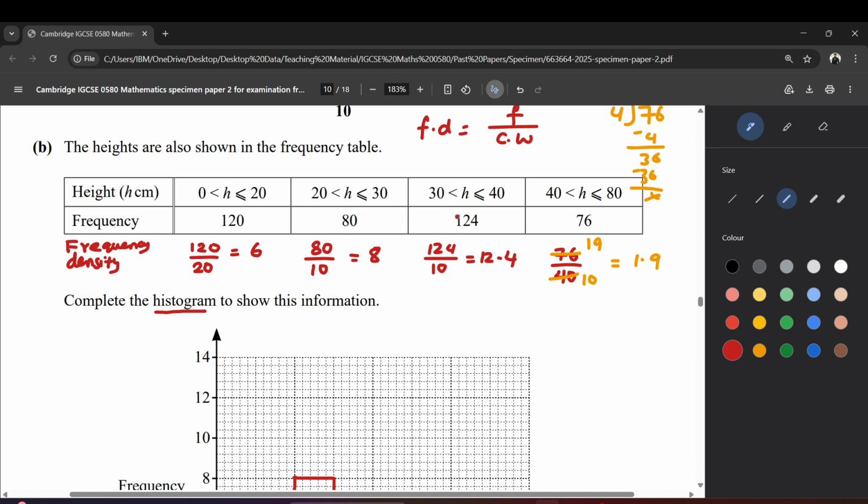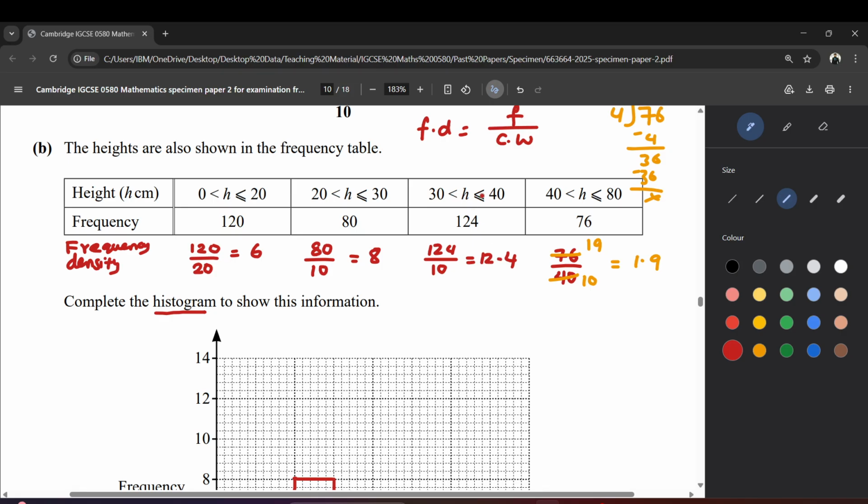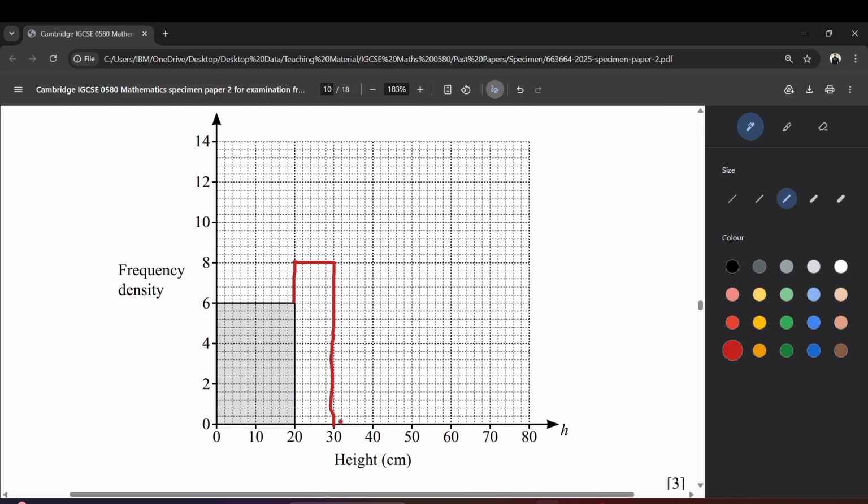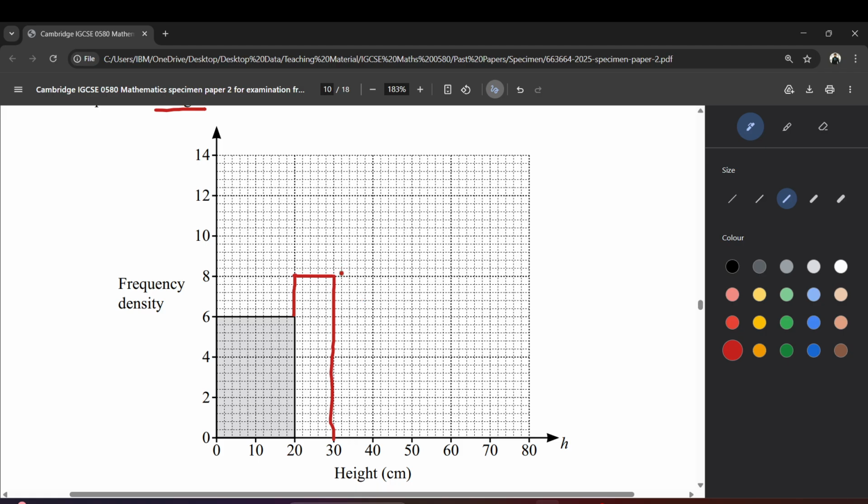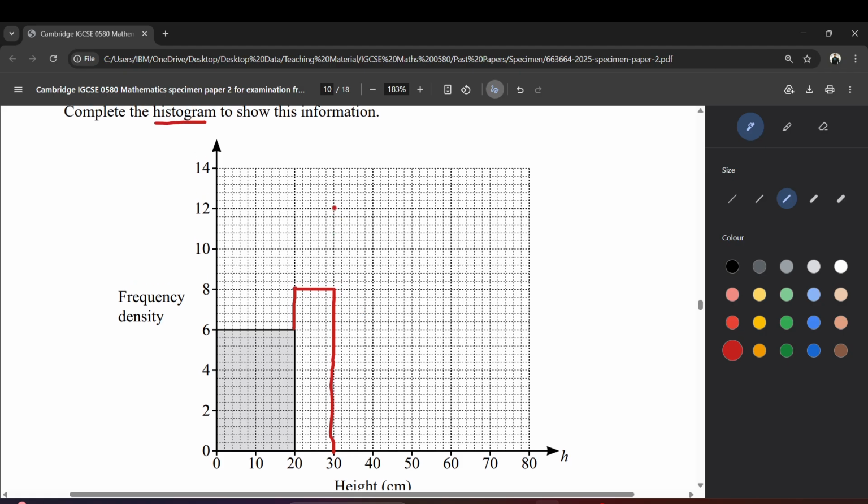So the next one will be 12.4 and 30 to 40. So 30 to 40, and then you have 12.4. So let's see, this is 12. Now again, I need to check what the interval is. So 0 to 2, you can say that 5 boxes represent 2 units.